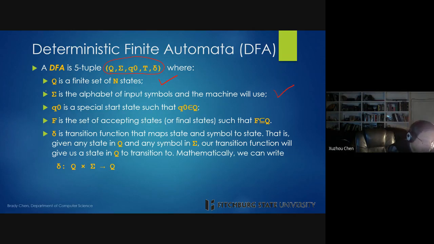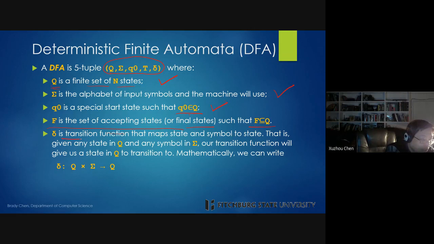Q0 is a special start state, and Q0 should also be in Q. F is the set of accepting states or final states. F is also a subset of Q.